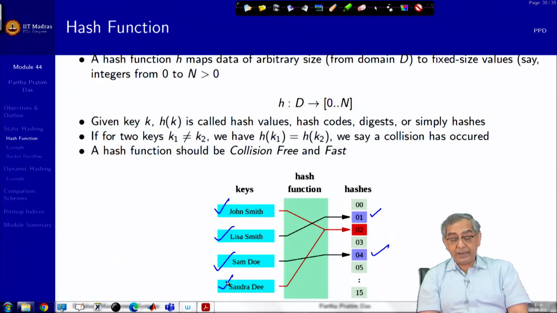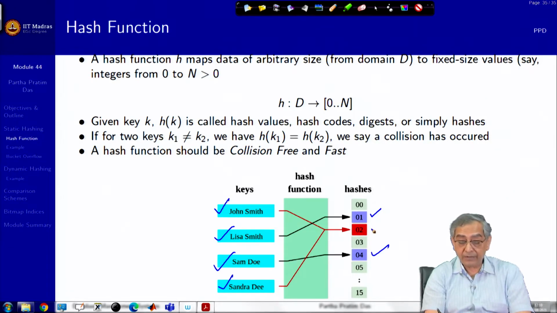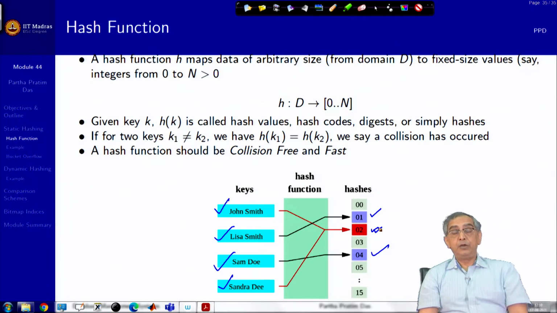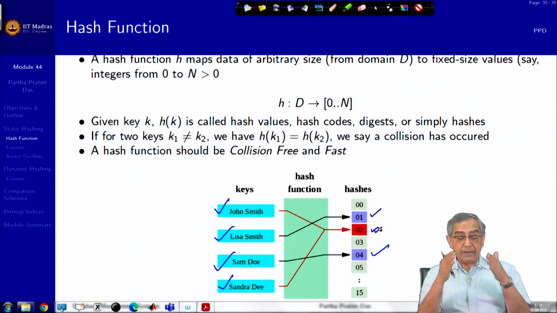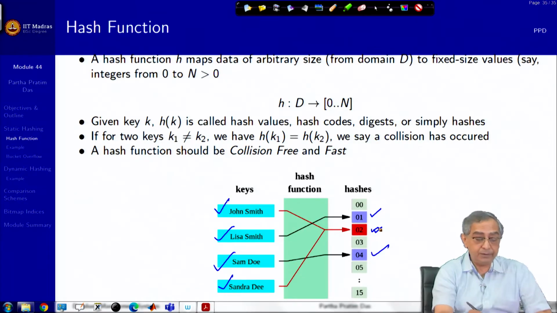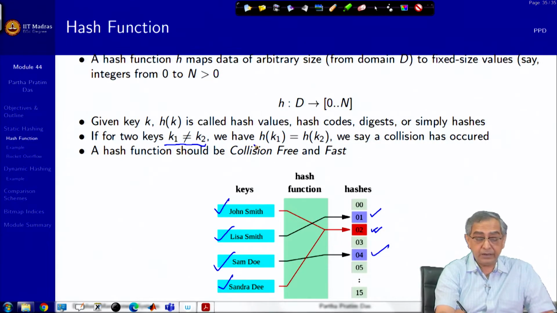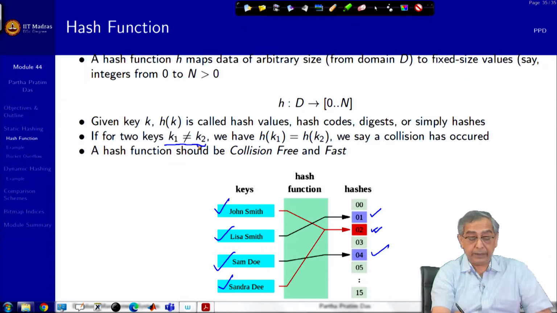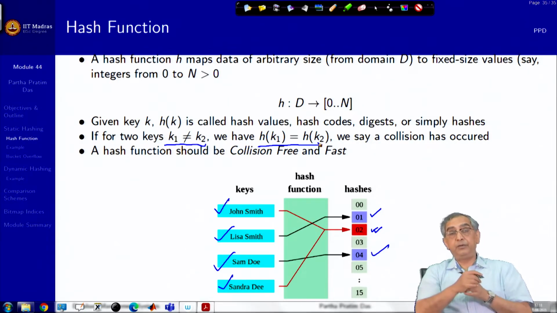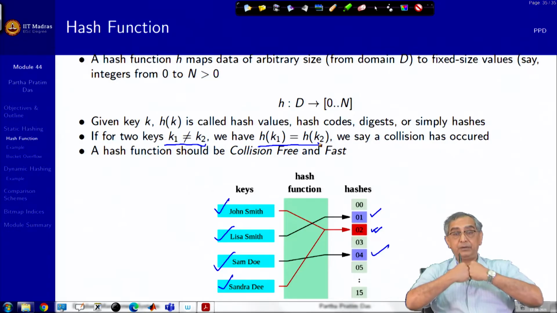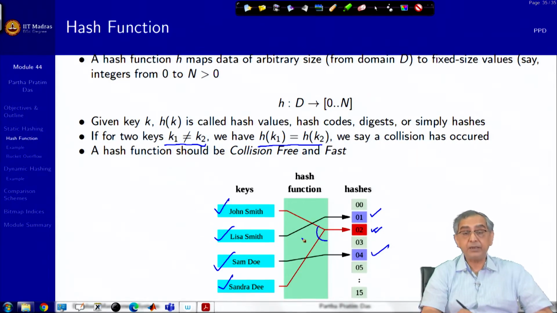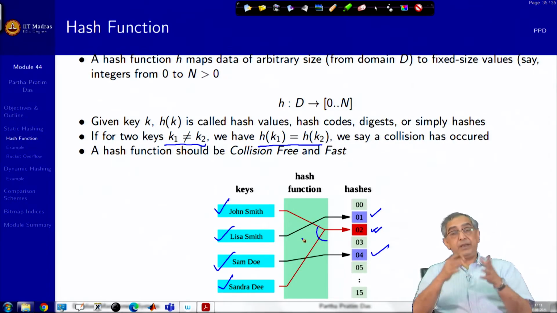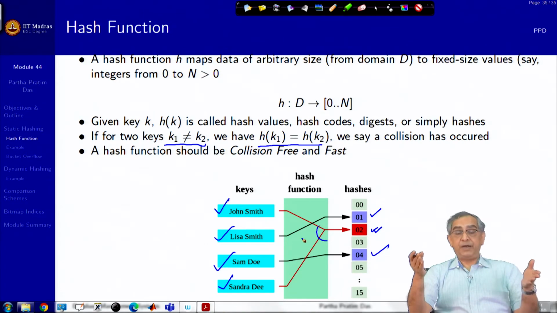Sandra, incidentally, under this function has a value 2. So, two distinct keys, John Smith and Sandra D, both generate the same hash value. If I have two keys which are unequal and they have the same hash value, we say a collision has taken place. If a collision has taken place, then we have not been able to resolve and find the record directly, and we will still have to do something else.